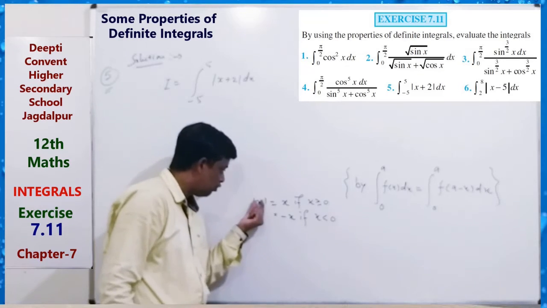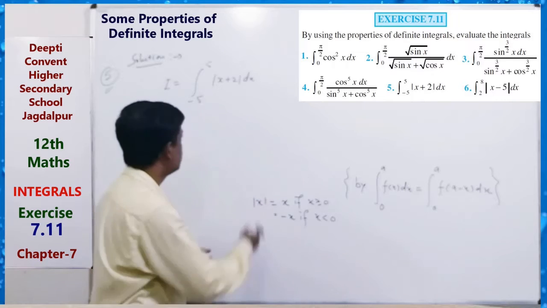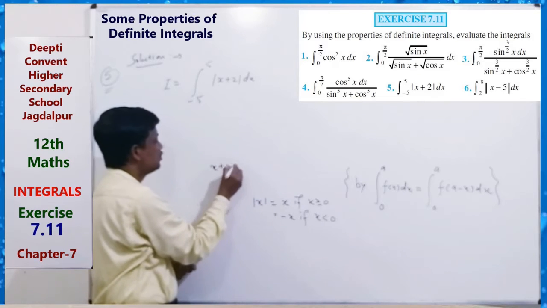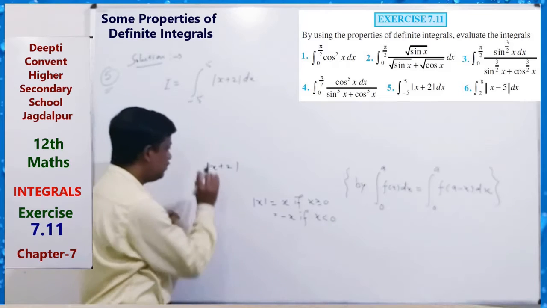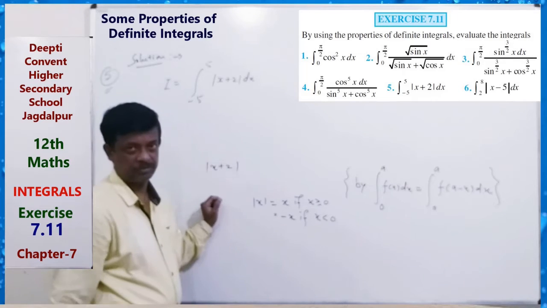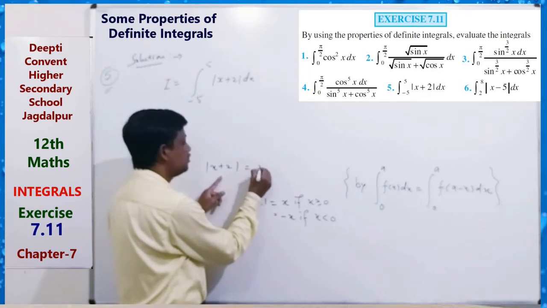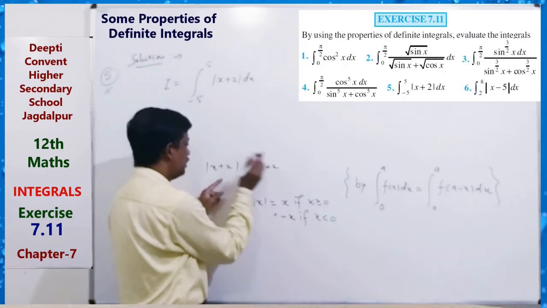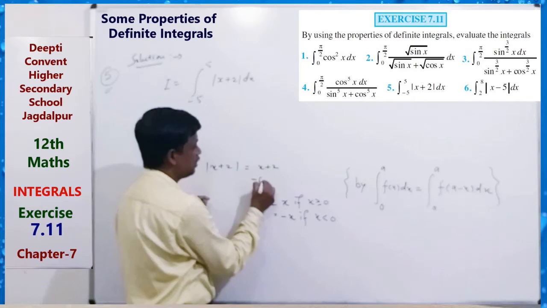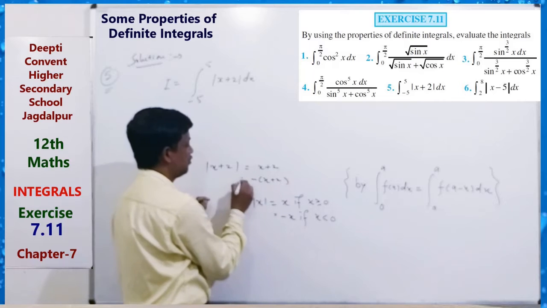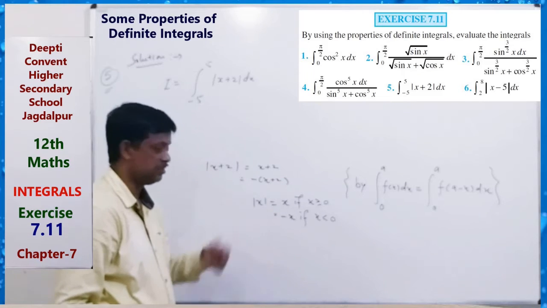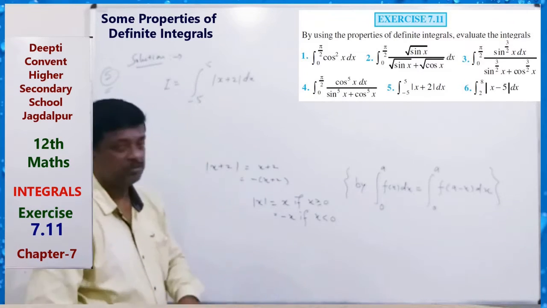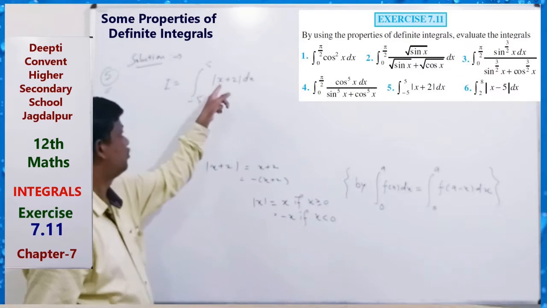Here, in place of mod x we have mod of x plus 2. If this is greater than or equal to 0, then we can write it as x plus 2. If this is less than or equal to 0, then we write minus of x plus 2. Then the mod will be removed.